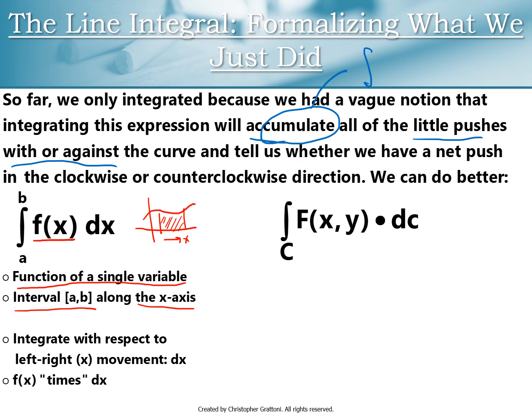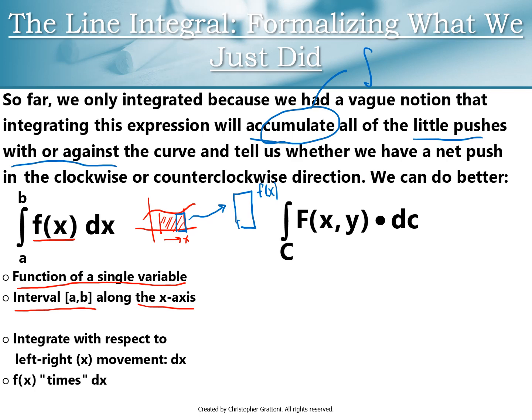And you could think of this f of x dx as f of x times dx in the sense that if you remember doing that LRAM, MRAM, RRAM stuff, you had a rectangle of area, and the height of that rectangle was given by the function.